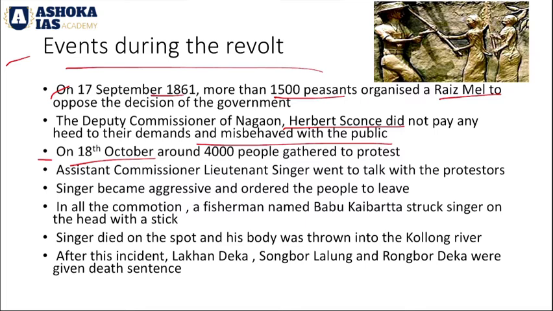On 18th October, around 4,000 people gathered to protest against the ban which was imposed on poppy cultivation and the tax which was imposed on Tamul Pan. This time, the protesters came with sticks, and upon seeing this, Herbert Scones realized the gravity of the situation.